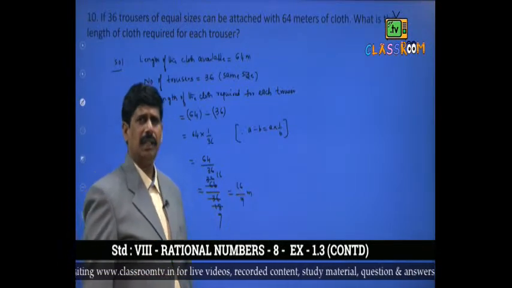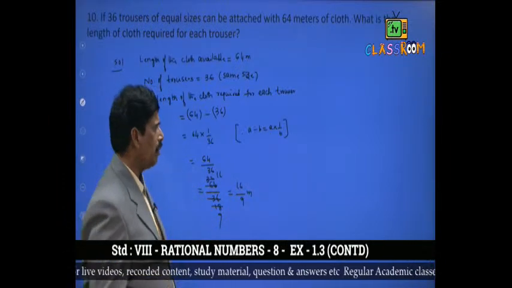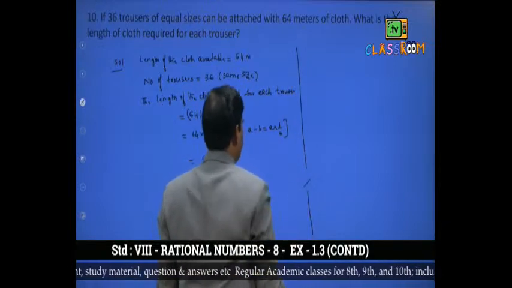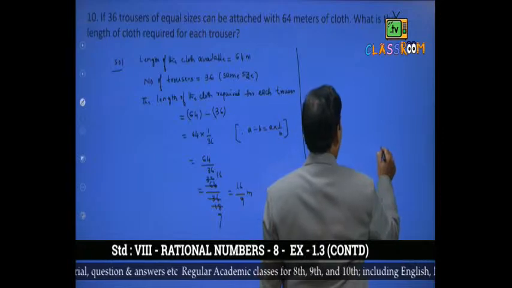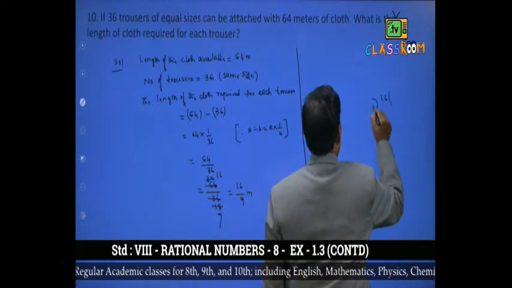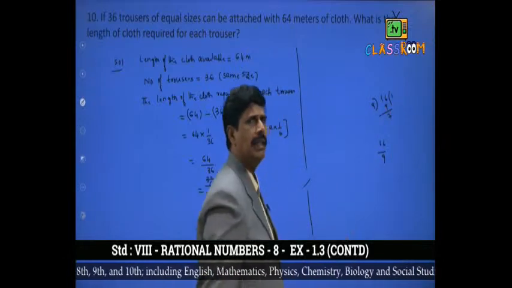So as it is an improper fraction, convert into mixed fraction. 16 by 9, just divide it. 9 ones are 9, you get 7. So it is 1 7 by 9.